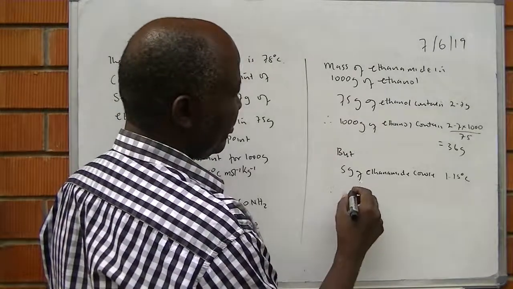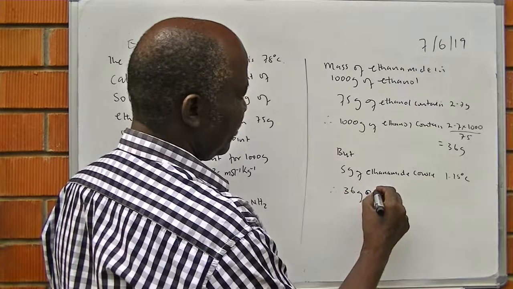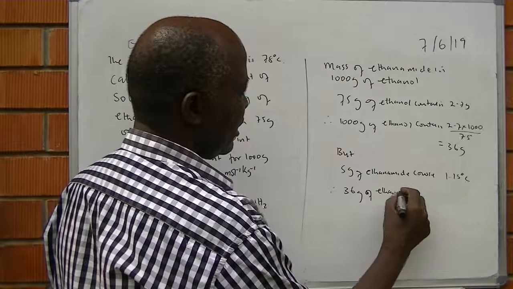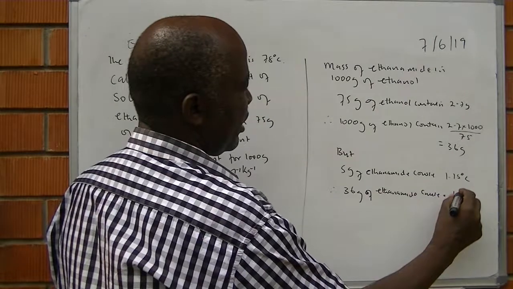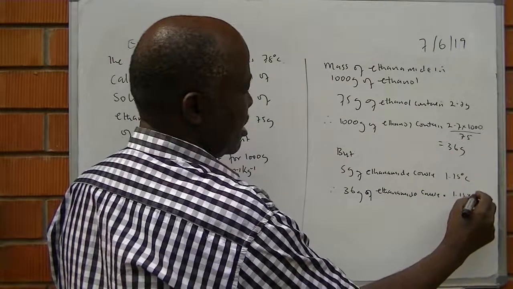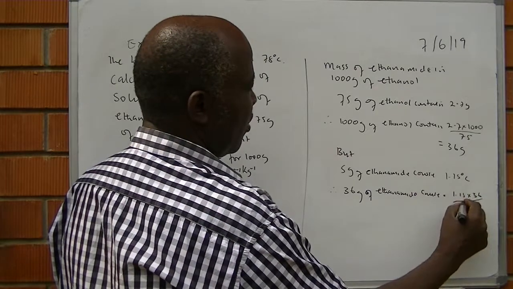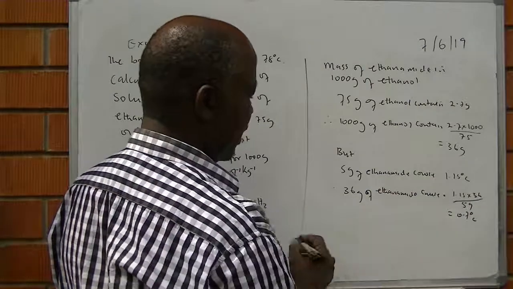Therefore, 36 grams of ethanamide will cause 1.15 times 36 over 59, which is equal to 0.7 degrees Celsius.